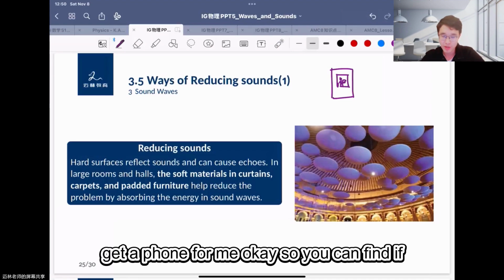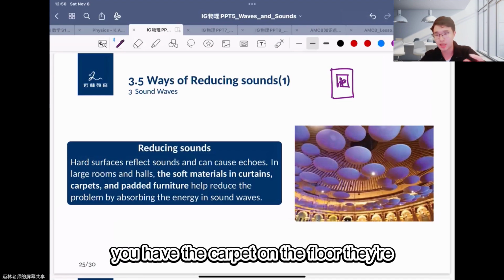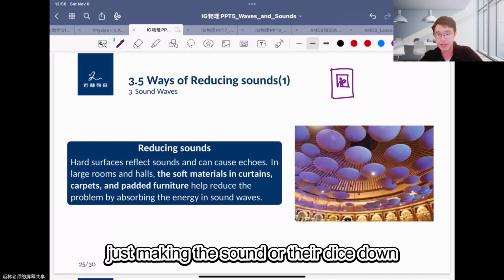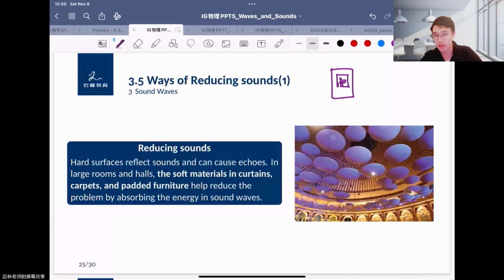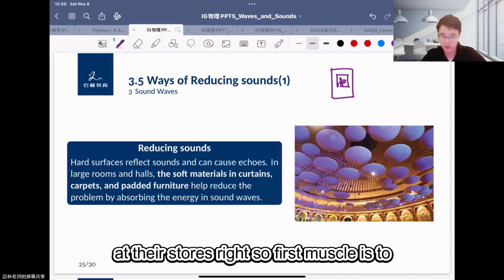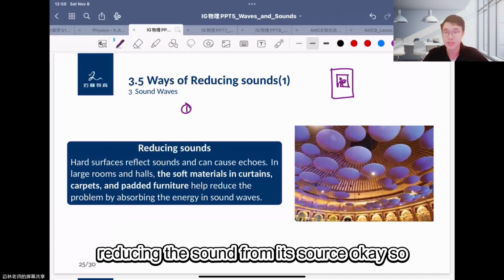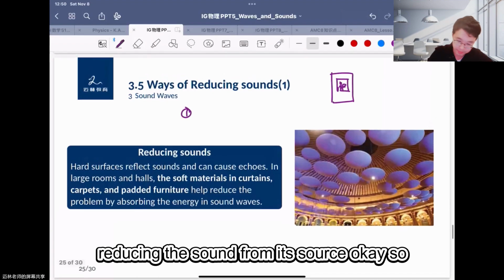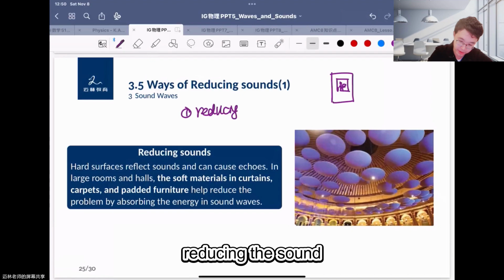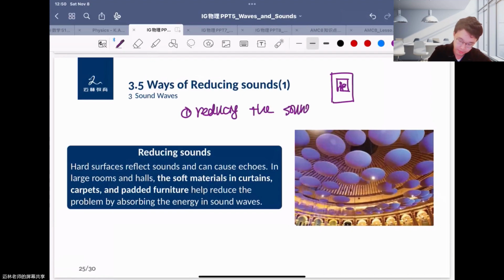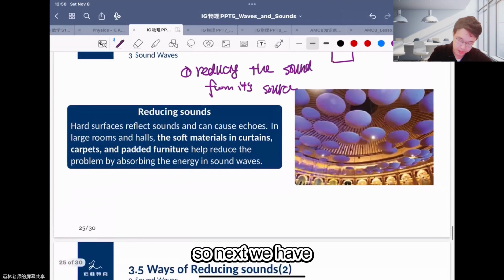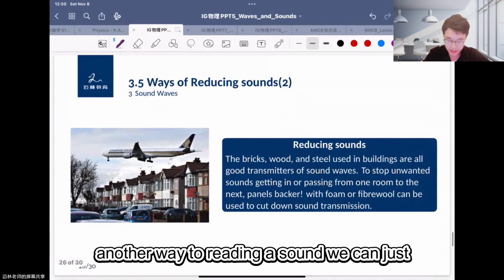Okay, so if you have carpet on the floor, the sound just dies down at the source, right? So the first method is reducing the sound from its source.